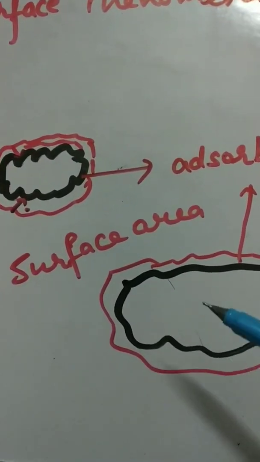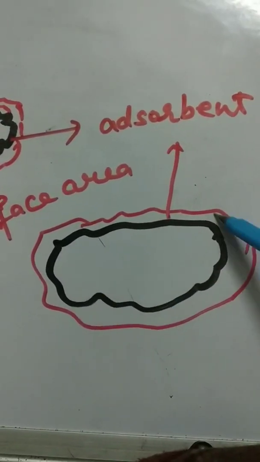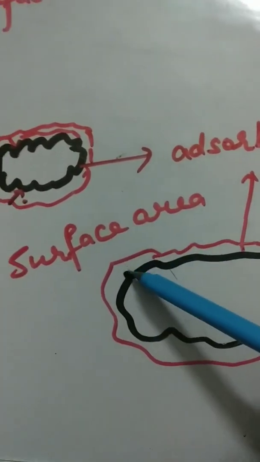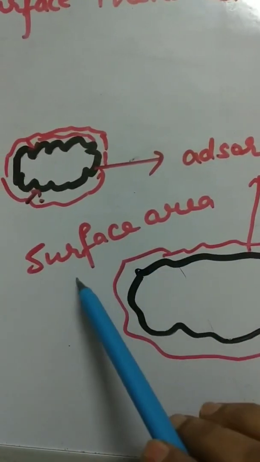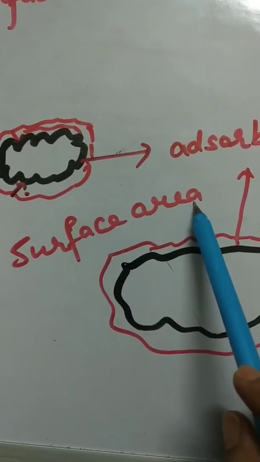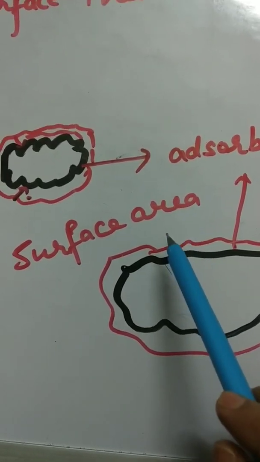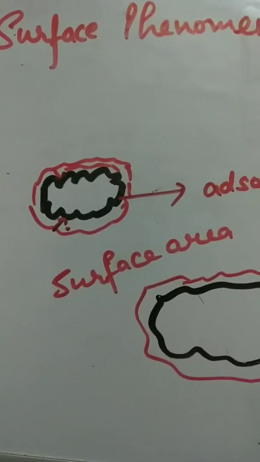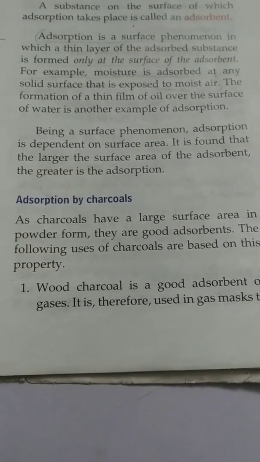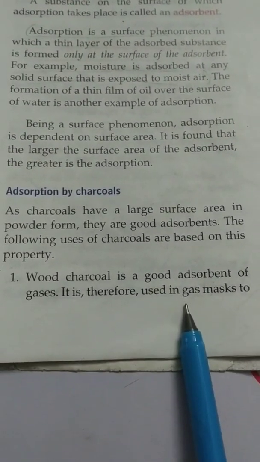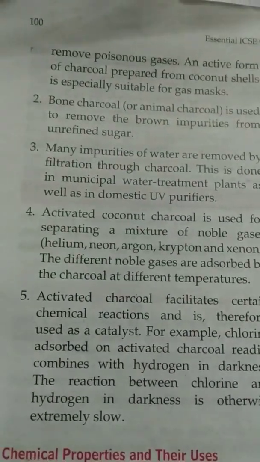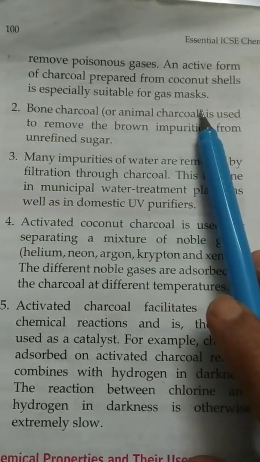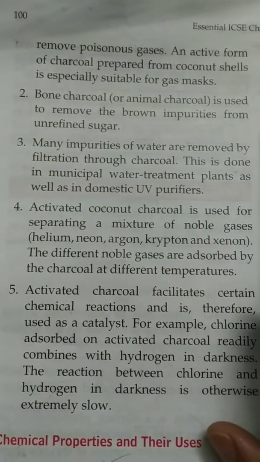And when the adsorbent area is more, adsorption will be more. So it depends on surface area also. That's why it is known as a surface phenomenon. That's why it is used in gas masks to remove poisonous gases and all the contamination.